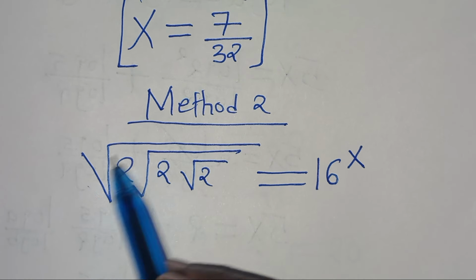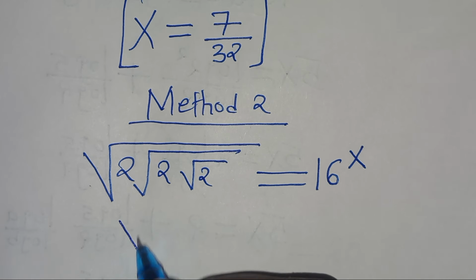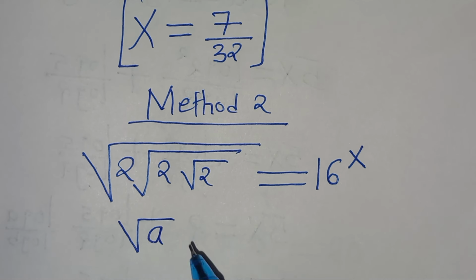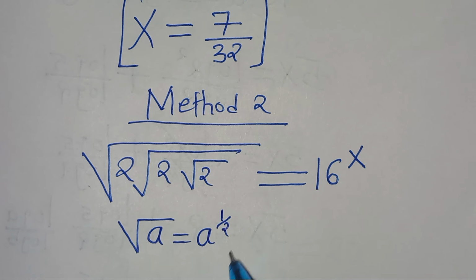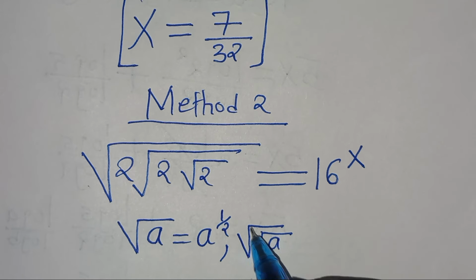Now a square root of 2, this is in the form of square root of a, which we can express as a to the power of a half. Now, this is also in the form of double square root of a, which is we have two square root signs here.